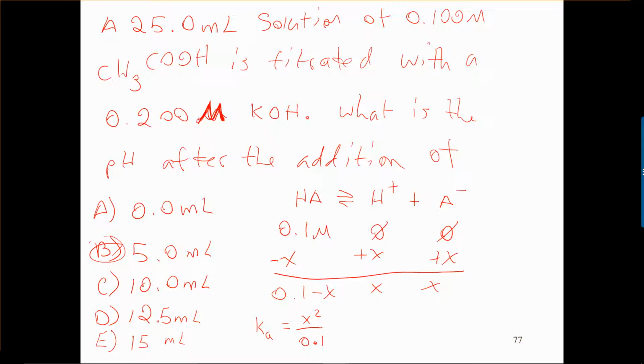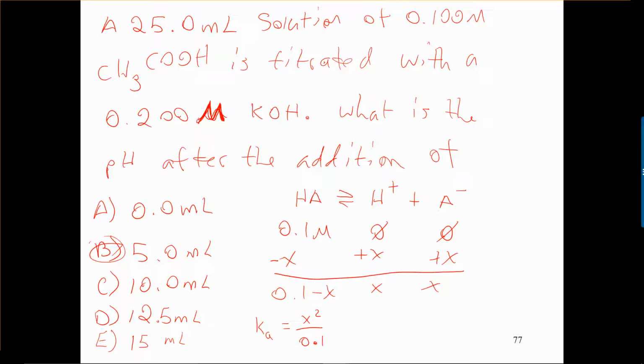Okay, so this is just a simple: what is the pH of a 0.1 molar acetic acid solution? Ka equals x squared over 0.1, right? And hopefully you're getting to the point where you can recognize that that's pretty much what it's going to be every time for these weak acids.